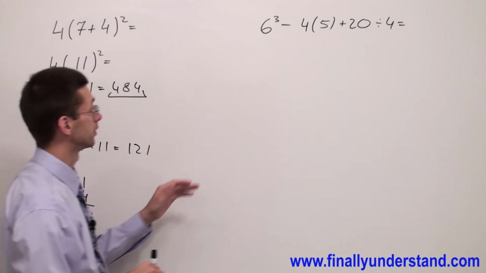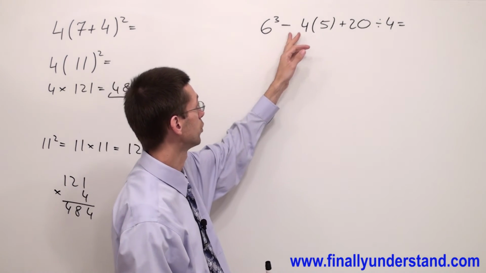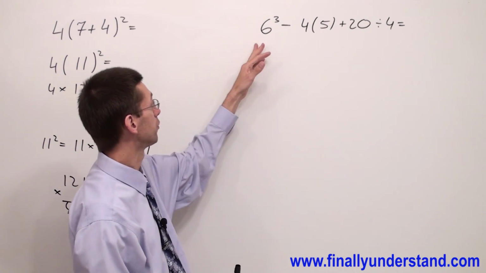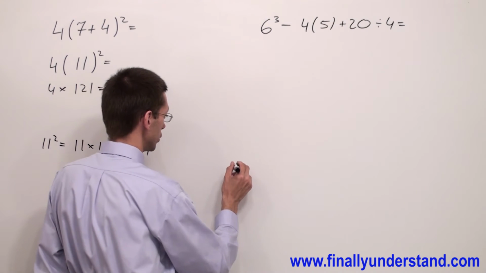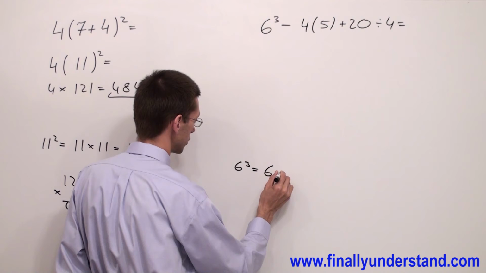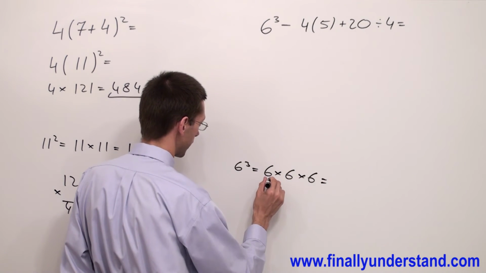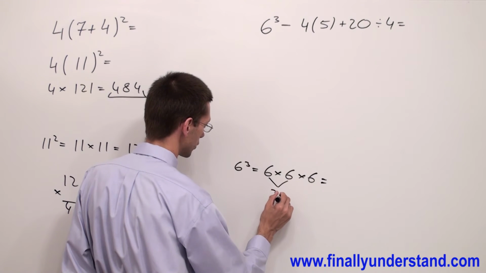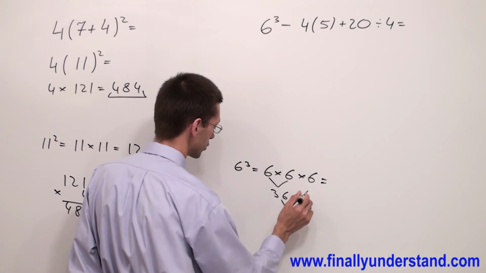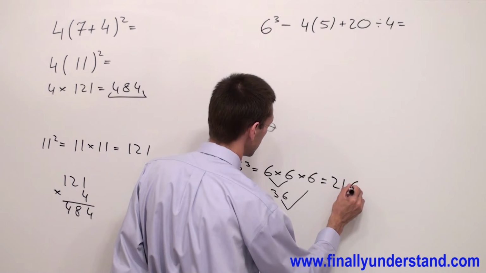Let's take a look at the second one. We have power, subtraction, multiplication, addition, and division. We have to do power first. 6 to the third power you can rewrite as 6 times 6 times 6, which is equal to 6 times 6 is 36, and 36 times 6 is equal to 216.